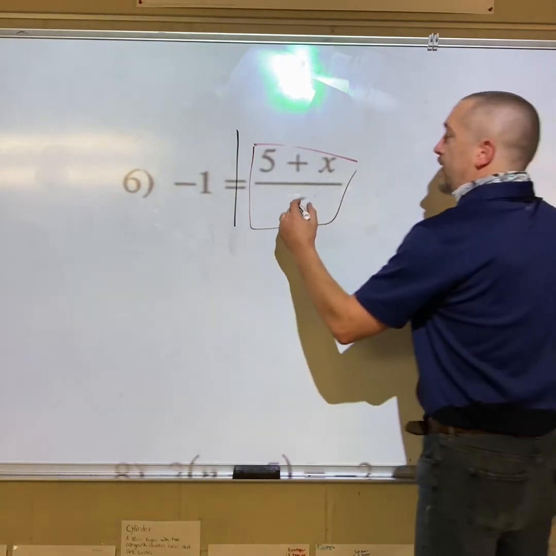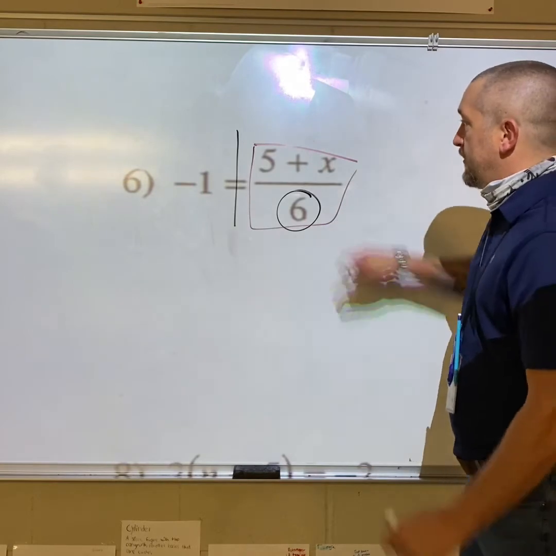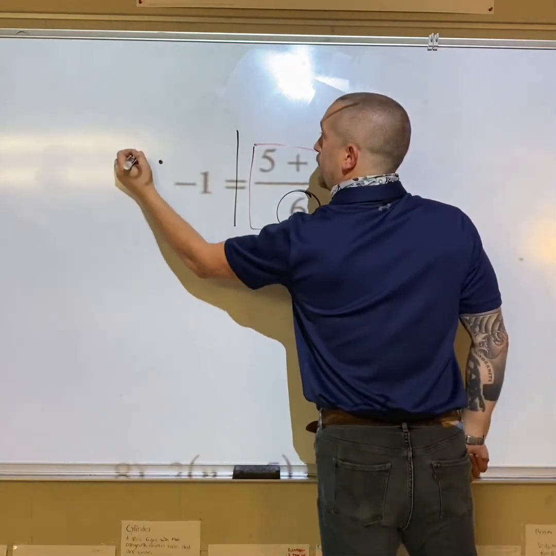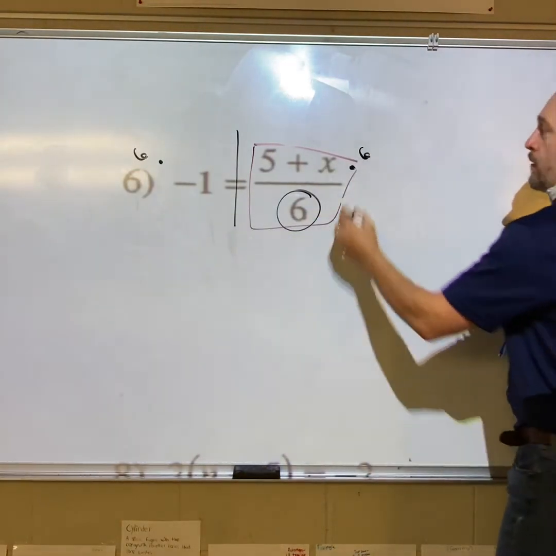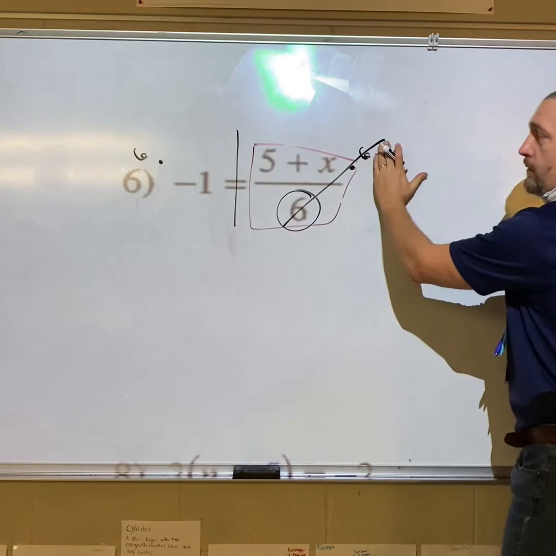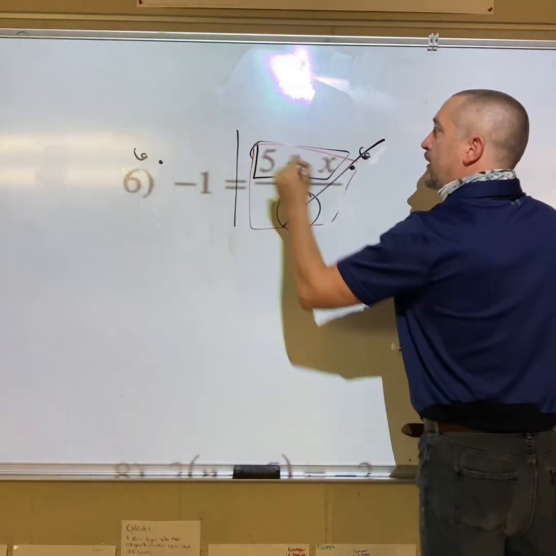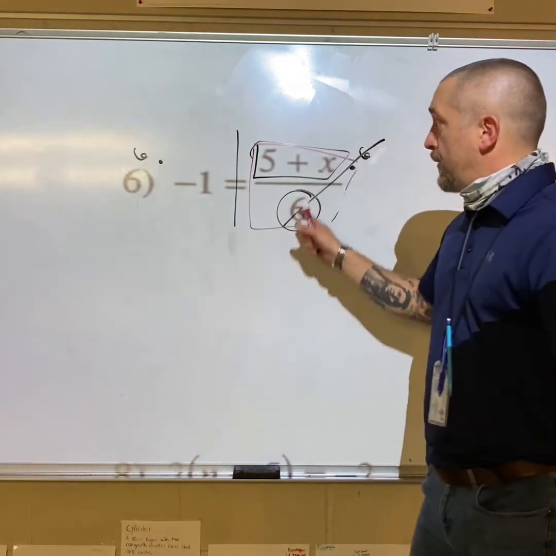Let's identify the denominator of our variable, which is 6. So let's multiply both sides of the equation by 6. By doing that, this side is going to cancel out, and this 5 plus x is going to be free, or unlocked, from our fraction.